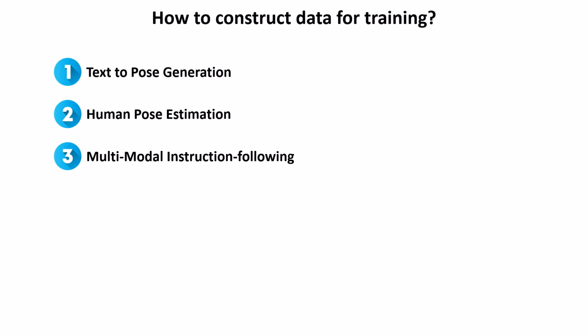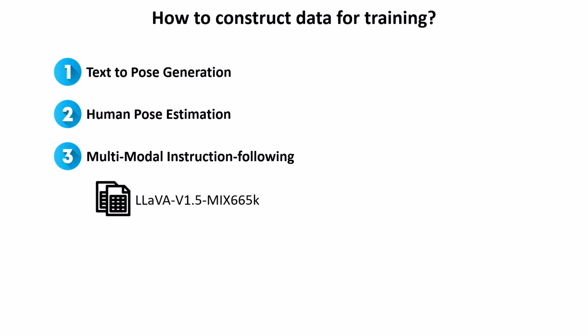But if I train that only for the task of text-to-pose generation and human pose estimation, then it might forget the information it already has, which we still need. So just to preserve that information, they also use this LLaVA version 1.5 mix 665K dataset that has a bunch of images and questions and answers just to preserve that ability.